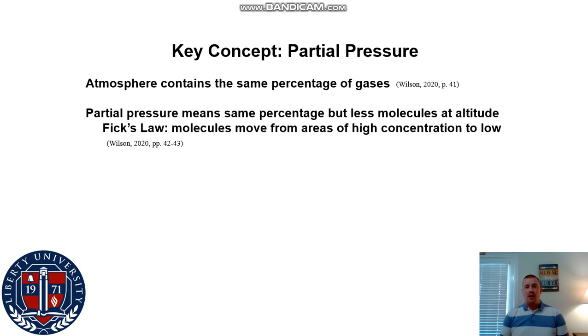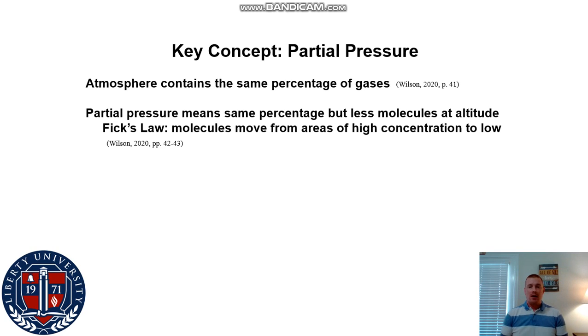And then as we go up, the pressure decreases, so those gases expand because of Boyle's law. Less pressure, more volume. And when we have more volume per cubic measurement, there's fewer molecules of each type of gas in that one given measurement, but not in the container, which there is no container except for the atmosphere itself.